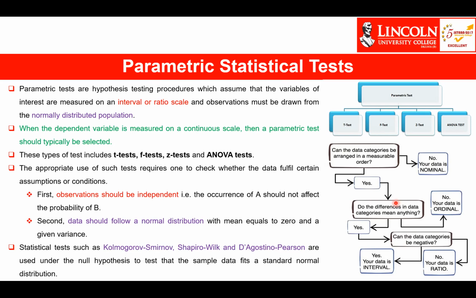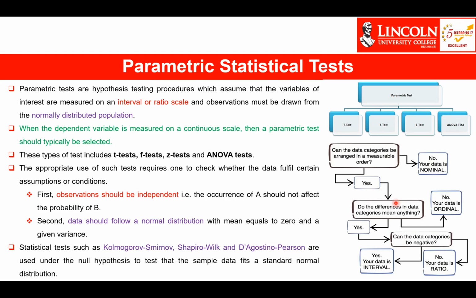We have a few types of parametric tests. One of them is the t-test, we have the f-test, another one is the z-test, and we also have the ANOVA test. The appropriate use of such tests requires one to check whether the data fulfills certain assumptions or conditions. Now, what are these assumptions? The first assumption is that observations should be independent.